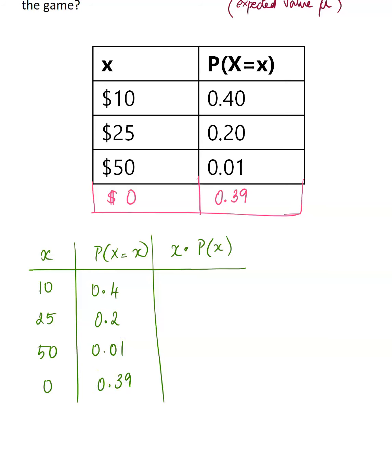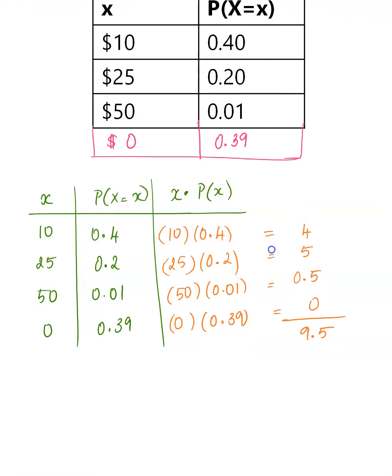Build your last column by multiplying these two: 10 times 0.4, 25 times 0.2, 50 times 0.01, and 0 times 0.39. Because it's associated with 0, you haven't altered the value. You didn't add or take away any information. So go ahead, use your calculator and compute your values.